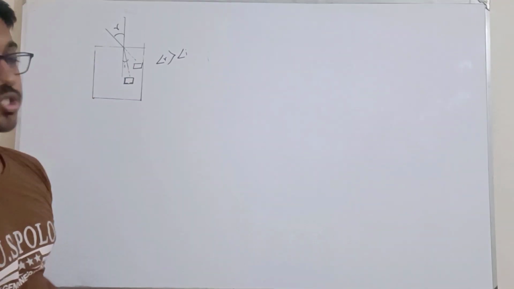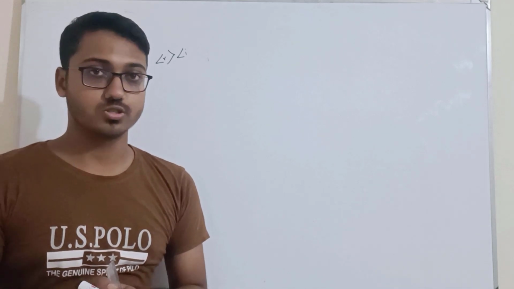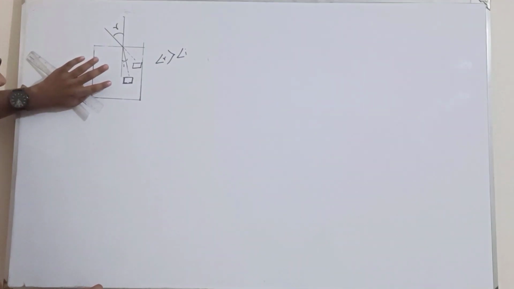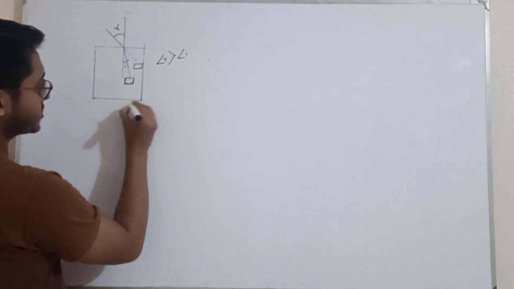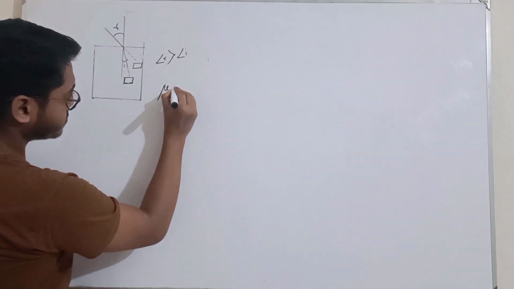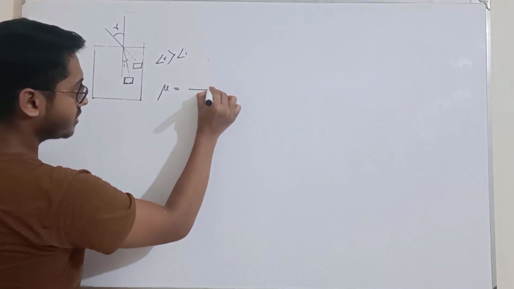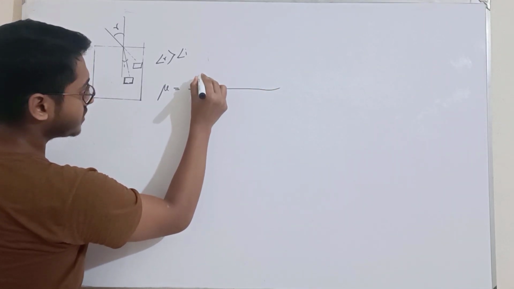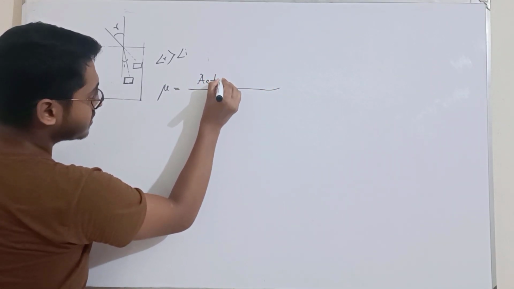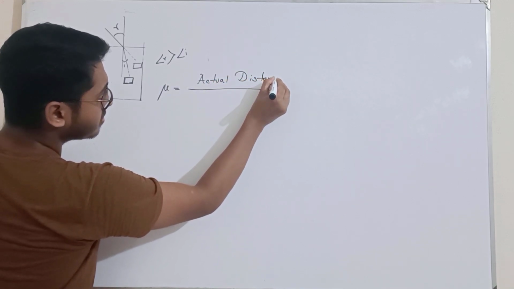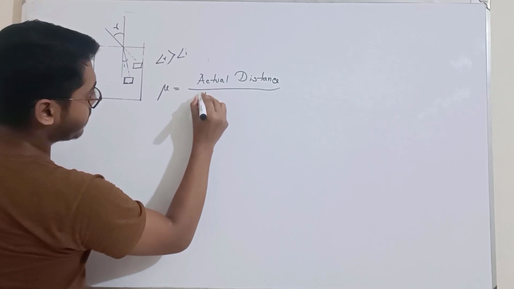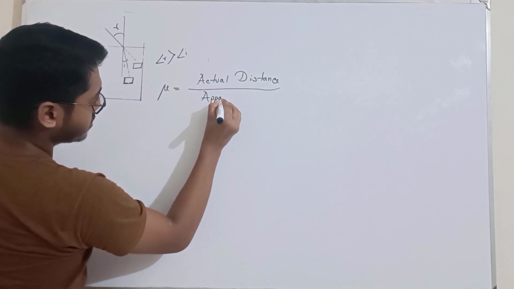From these two positions, the actual and the apparent positions, we can determine the refractive index of this medium. In that case, the refractive index of this medium will be actual distance by apparent distance.